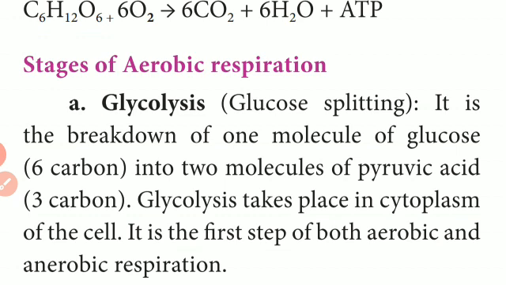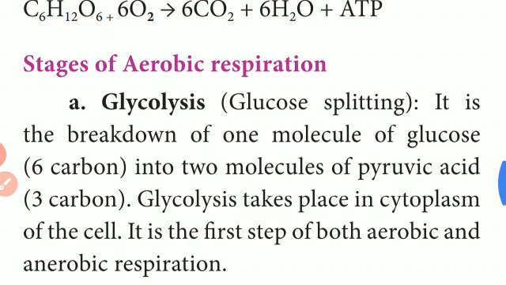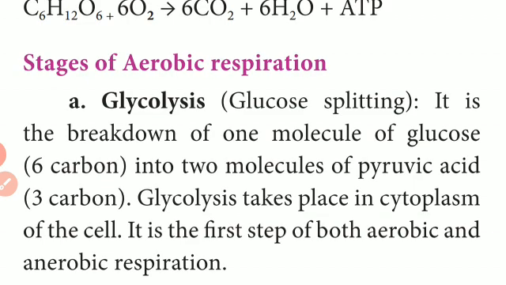How is it happening? It is the breakage of one molecule of glucose. The glucose has only one molecule, but it has 6 carbons. So one more question they may ask: glucose is converted into 2 molecules of pyruvic acid with 3 carbons each.